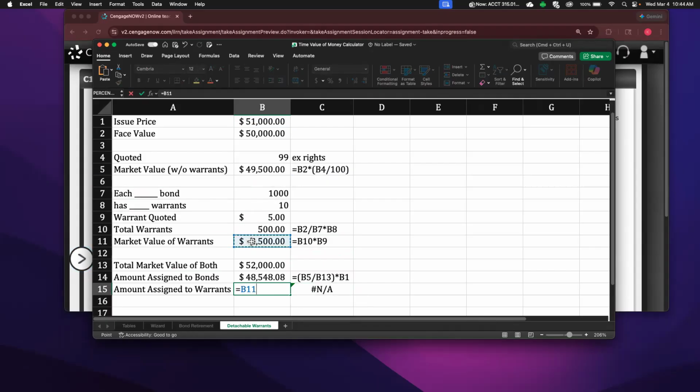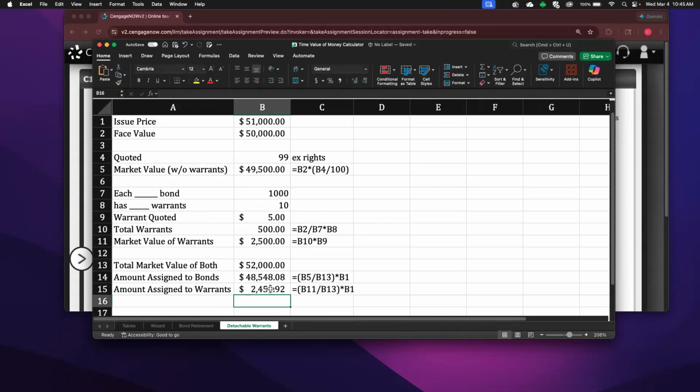The market value of our warrants, probably need some parentheses, divided by the total market value of both, and what's in those parentheses would give us a ratio, times or percent, our issue price. Figure out the market values, add them together, proportion it all out to the issue price.